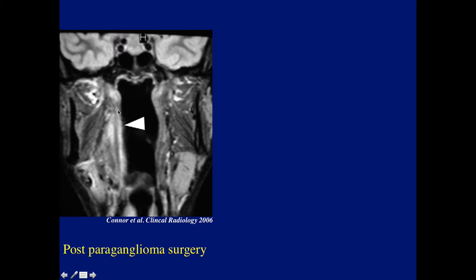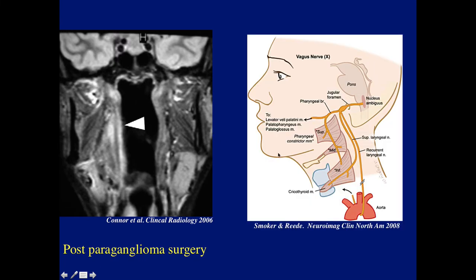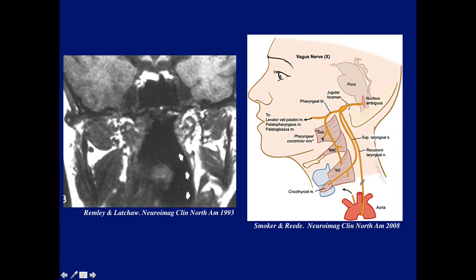So this is superior constrictor involvement secondary to the surgery, and we can see acute or subacute denervation atrophy changes of the superior constrictor on this coronal image. So again, this is what's involved here, superior constrictor muscle.